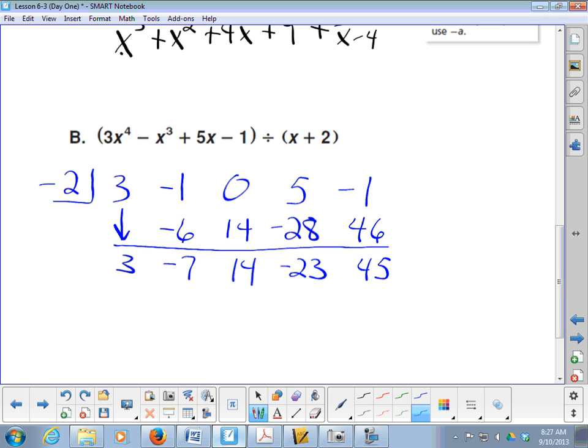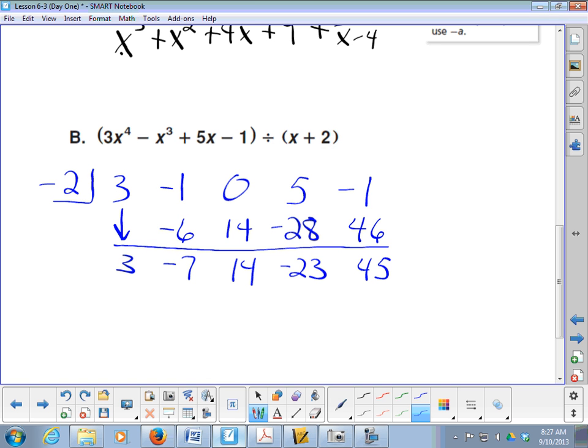Now that remainder number is very important. Like I said yesterday when we were talking about it, it's going to tell us a lot of things. The last one's always a remainder. What was the last one in your long division? That last number in your long division was a remainder also.